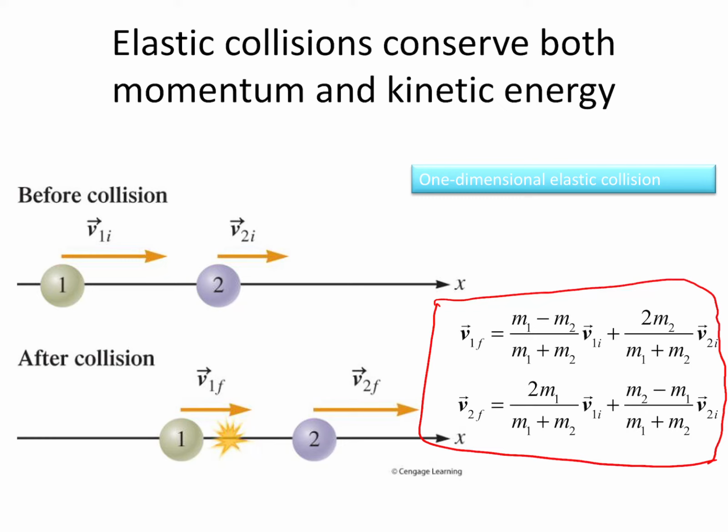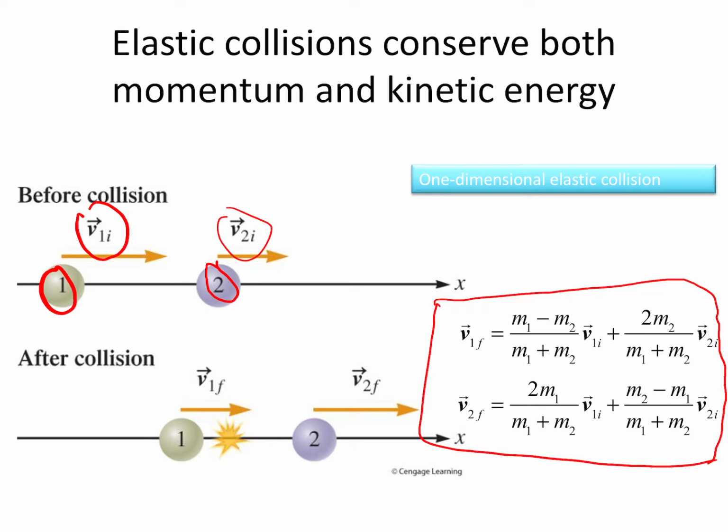So basically, for this condition, we only need to know the masses m1 and m2, and v1i and v2i. That's all.